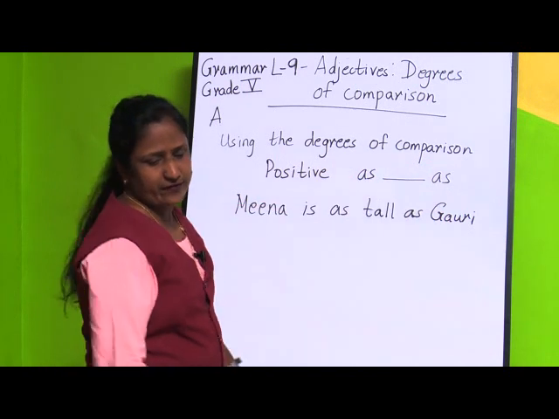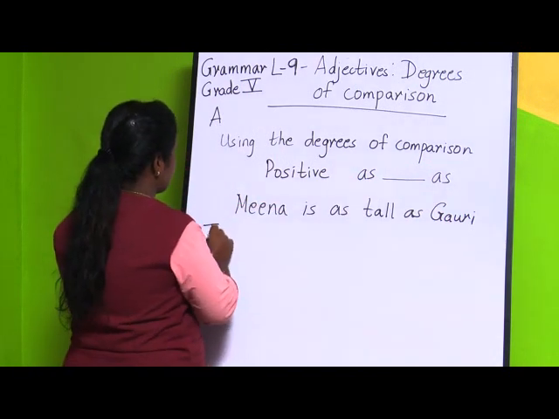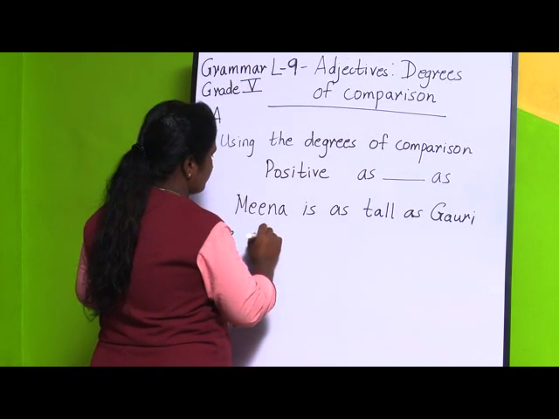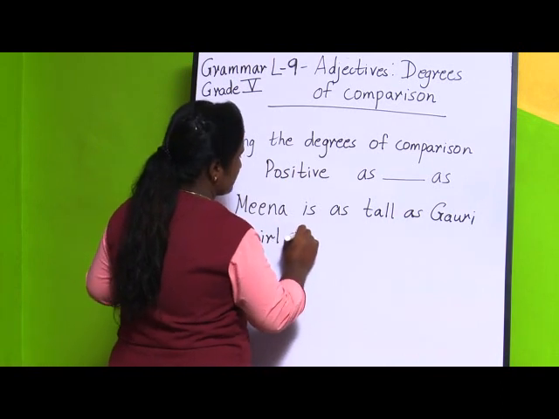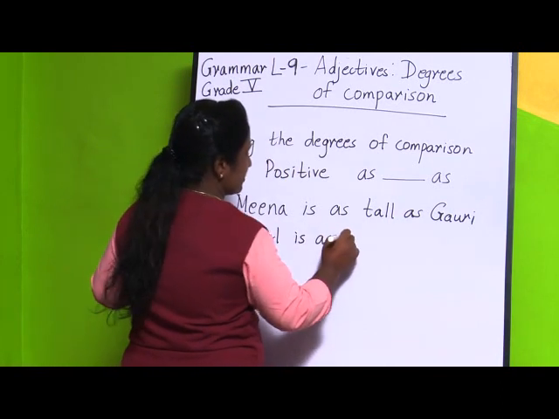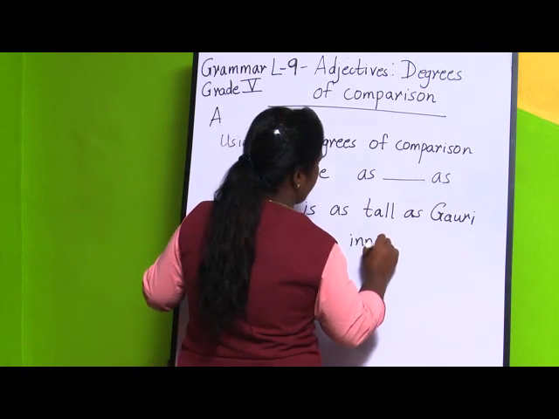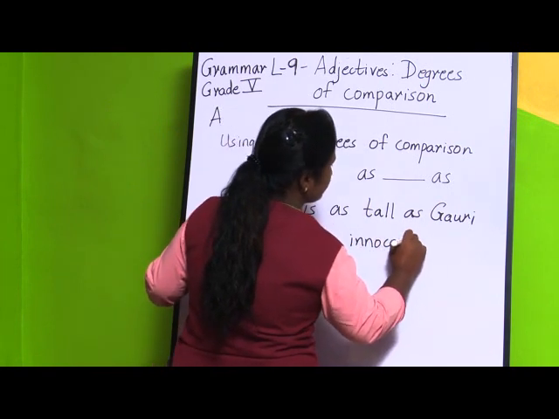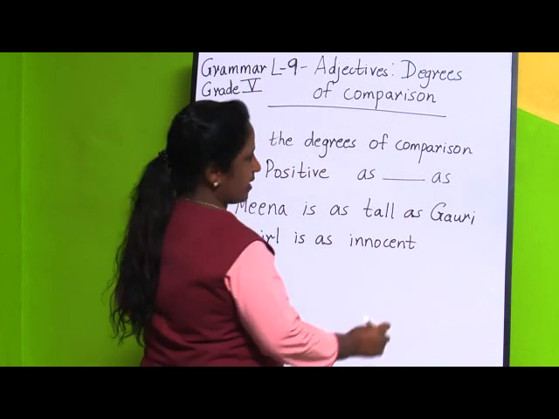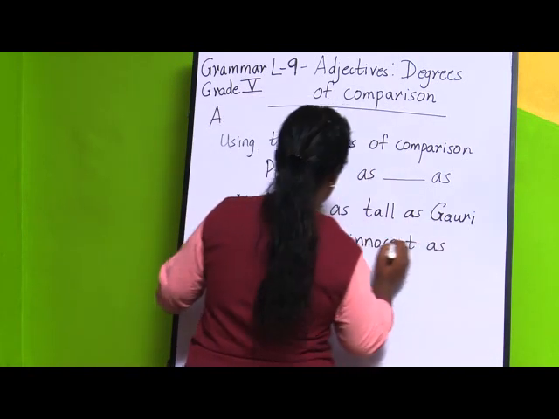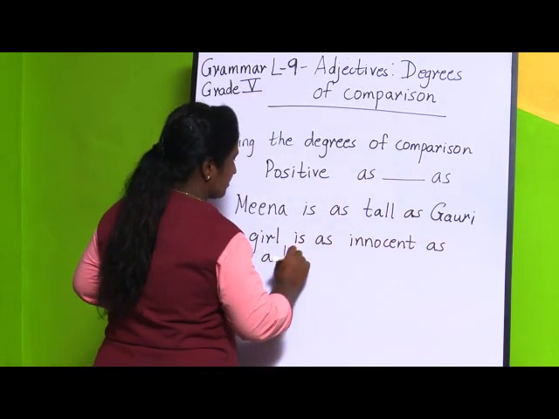For example, one more example: the girl is as innocent as a lamb.